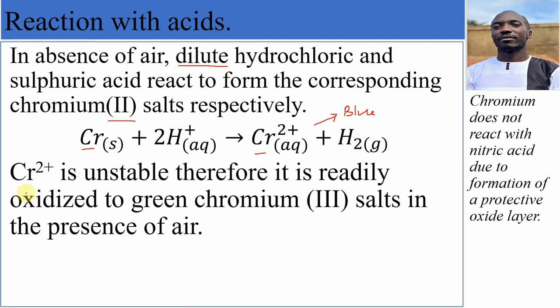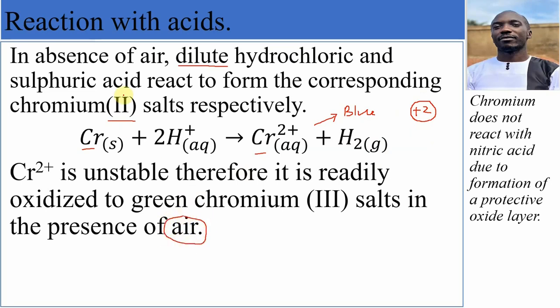But remember, we said that the compounds which are formed in positive 2 oxidation states are unstable. In other words, once you form a compound in positive 2 oxidation state, there are chances of it getting oxidized to a stable oxidation state, and that happens in the presence of air.